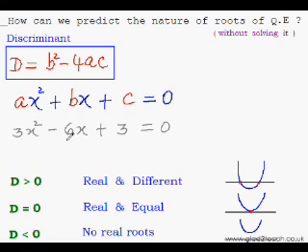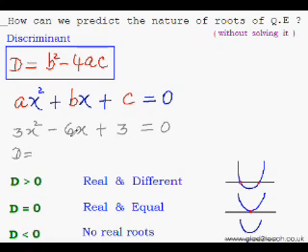Okay, so quickly tell me the nature of roots of this quadratic equation. So D equal to b square minus 4ac.